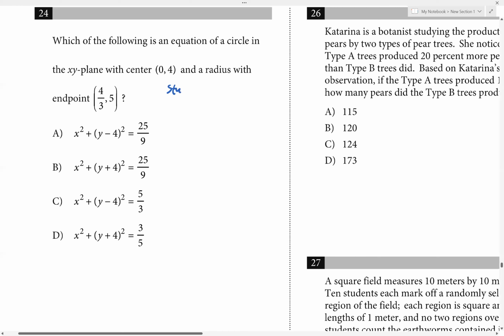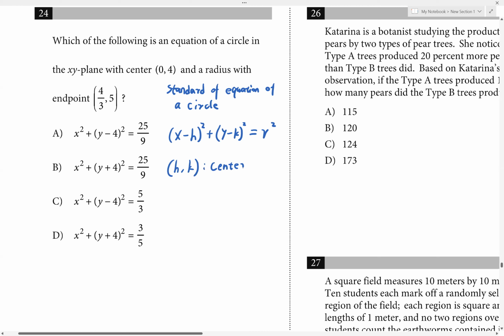The standard form equation of a circle is like this: x minus h squared plus y minus k squared equal to r squared, where h comma k is the center of the circle, and r represents the radius of the circle.